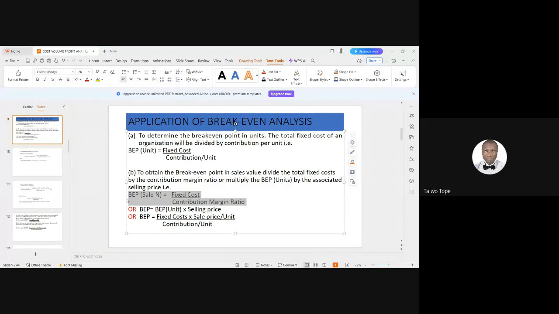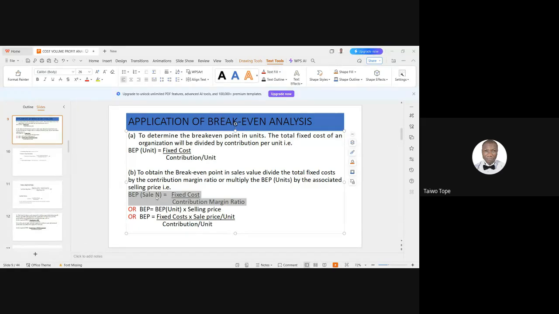Look at that question you have. Your total contribution is what? 30 million, sir. Fine, 30 million. That is your total contribution. Now, contribution margin ratio means what? Contribution versus revenue. Very good. Contribution divided by sales.